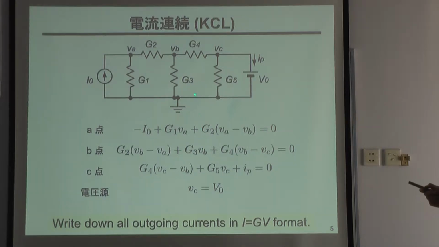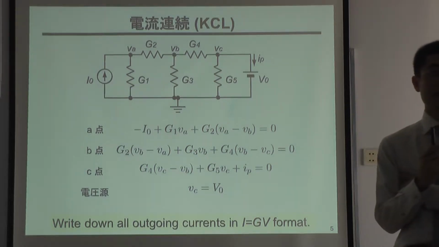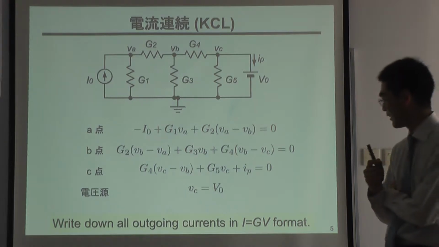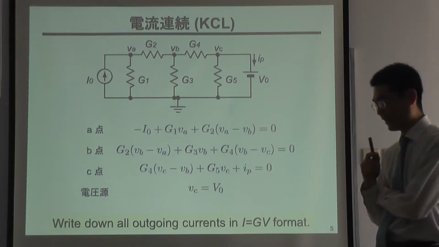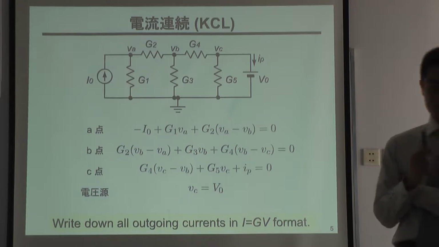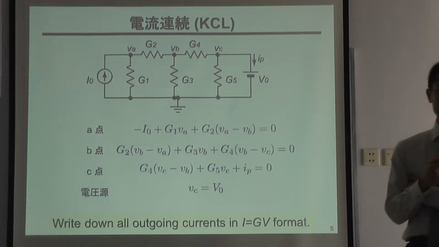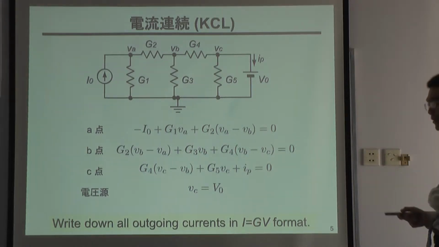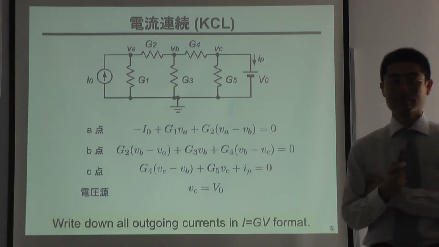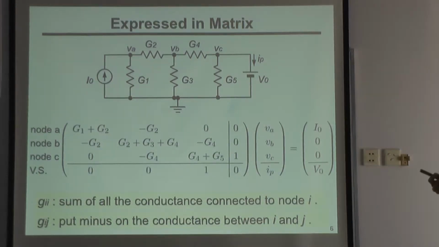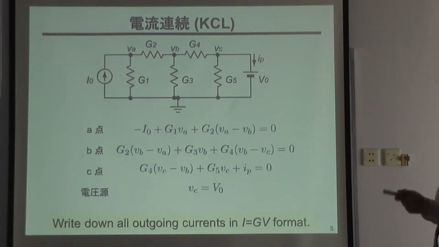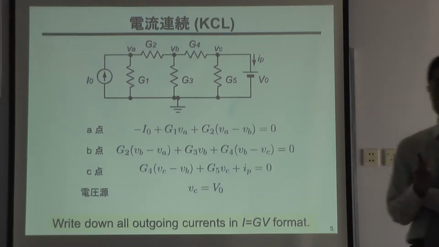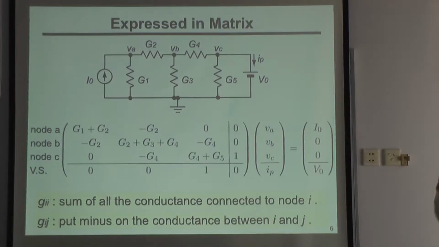We can write down all outgoing currents in I equals GV form, not V equals something format, but in SPICE we use I equals GV format. And these equations can be expressed in matrix form, like this.